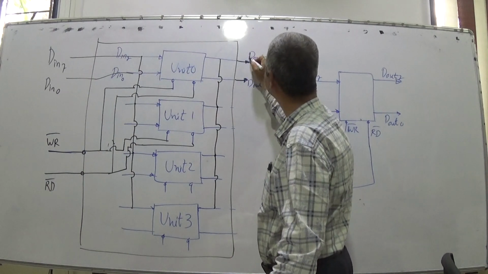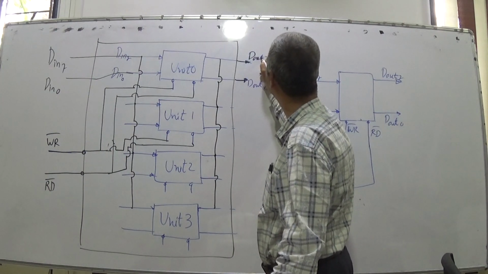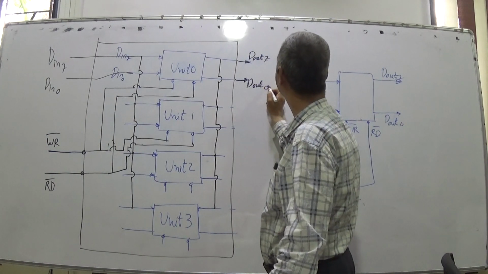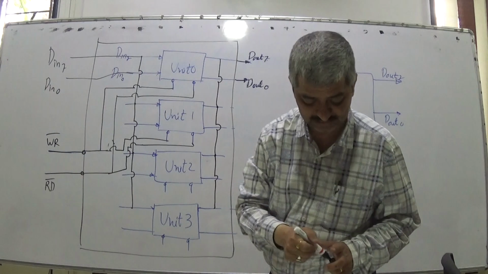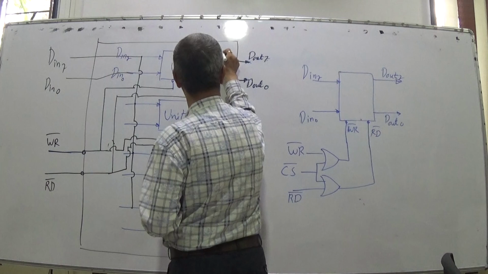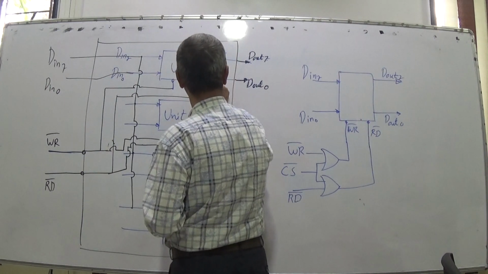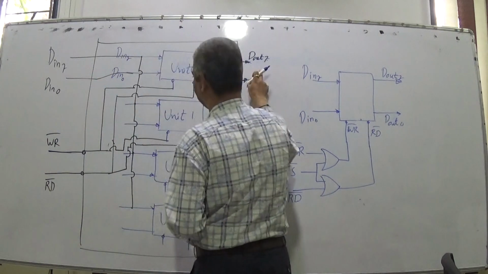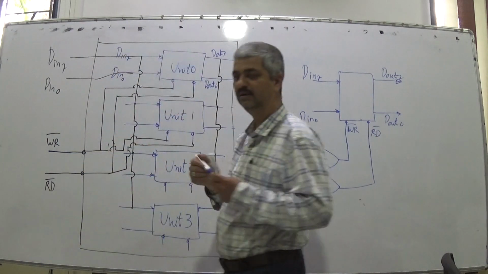So D out 7 to D out 0. Obviously power supply lines I don't mention each time. So this is D out 7 of this internal unit, D out 0 of this internal. So 8 plus 8, 16 plus 2, 18.